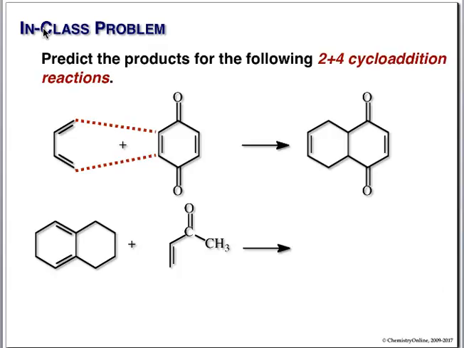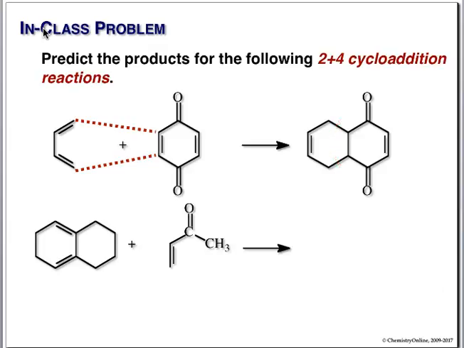Our last one. Now this one takes a little bit of thought. A little bit of artistic skill. We're going to take our terminal carbons here, these two, and bond them to these two.